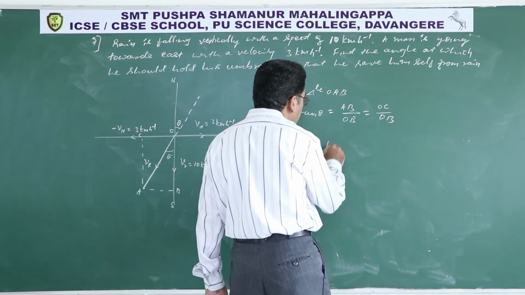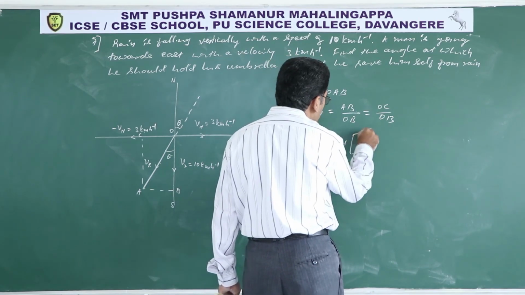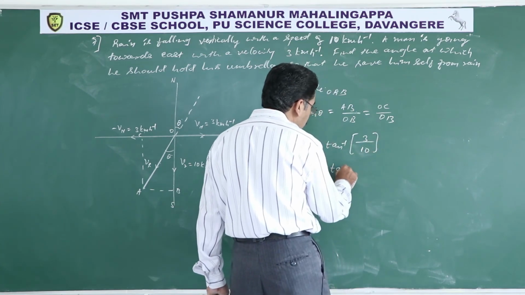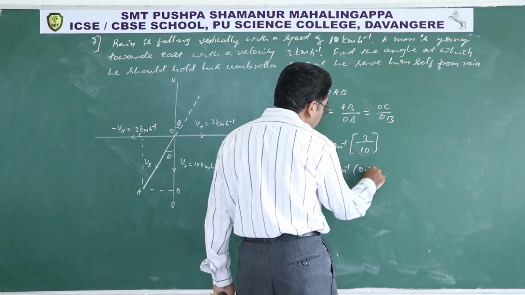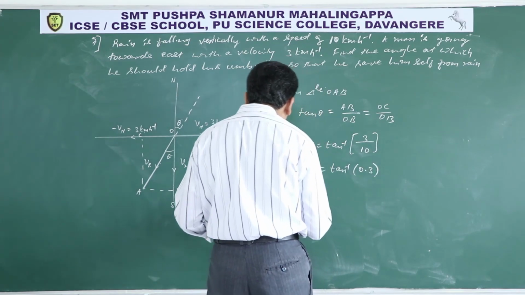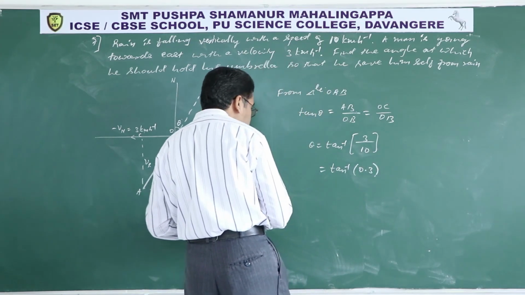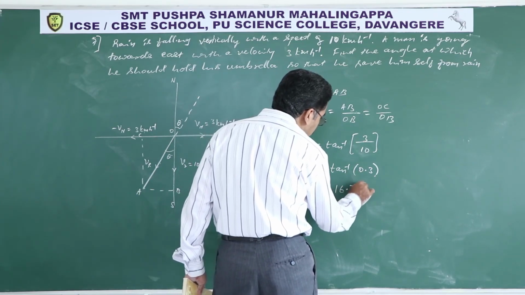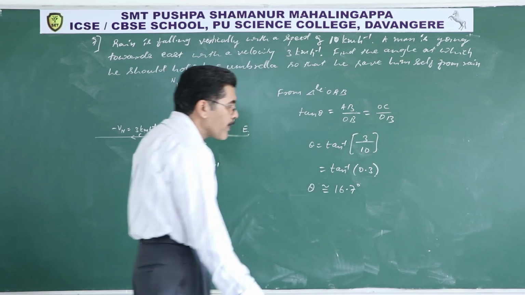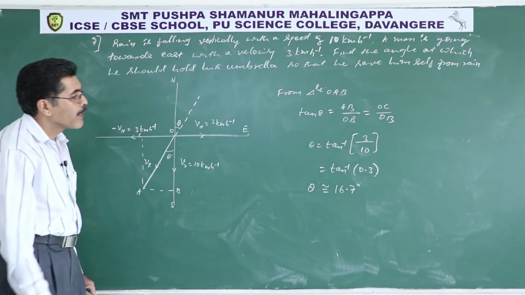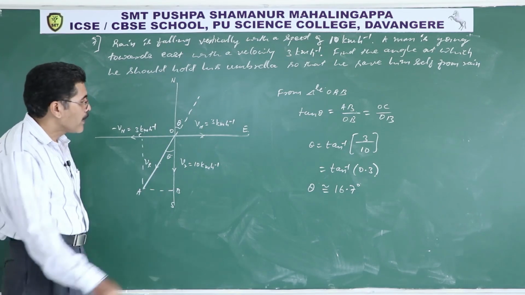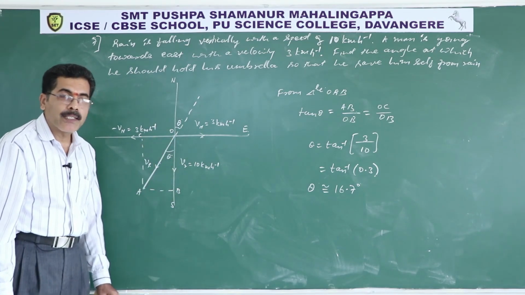Theta is equal to tan inverse of 0.3. When you see the table, you will get 16.7 degrees. So he must hold the umbrella making an angle of 16.7 degrees with respect to north, so that he can prevent himself from getting drenched.